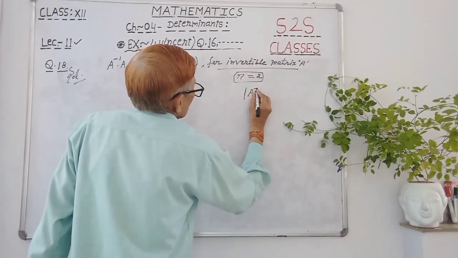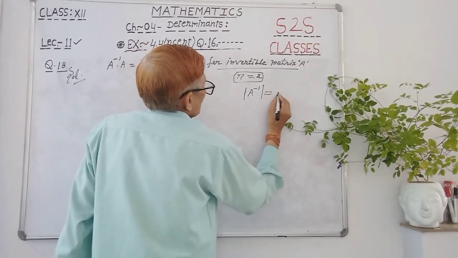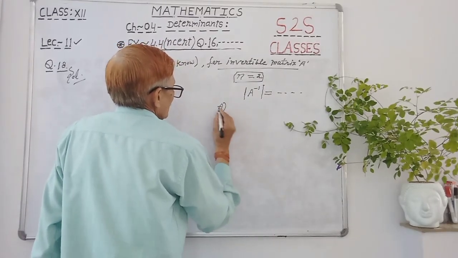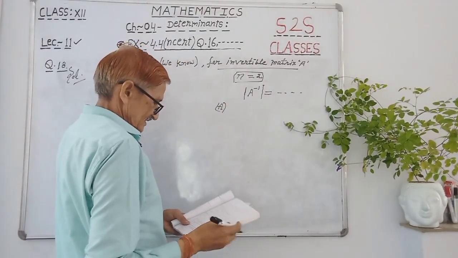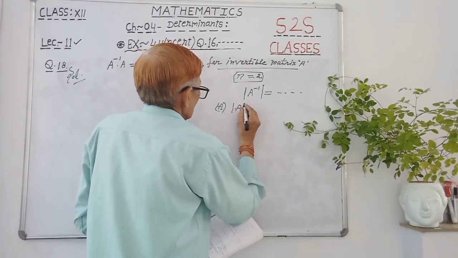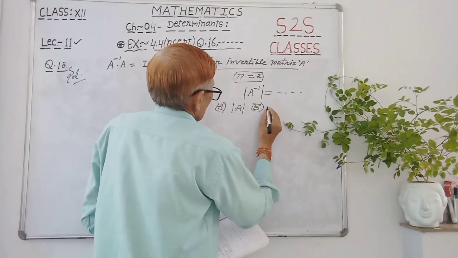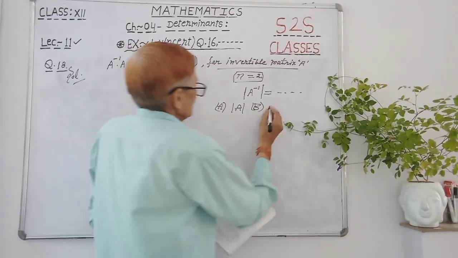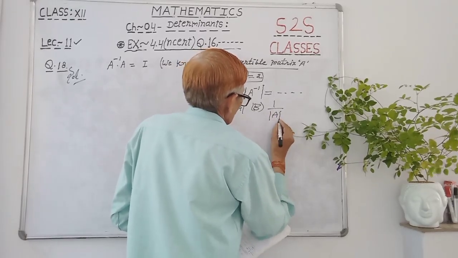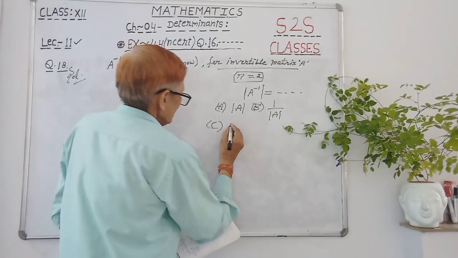determinant of A inverse, this is equal to, options given. A option: determinant A. B option: 1 upon determinant A. C option: 1.